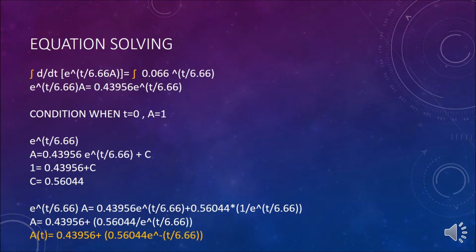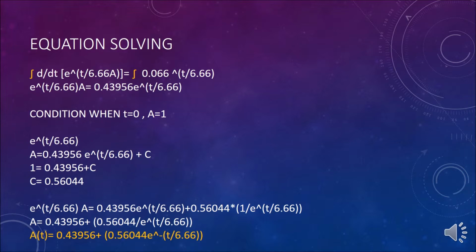Then we know that A, with the constant substituted in the formula, equals 0.43956 e raised to t over 6.66 plus the constant 0.56044 multiplying 1 over e raised to t over 6.66.